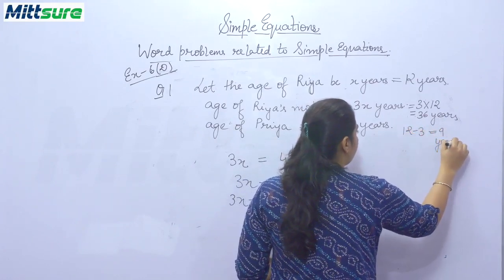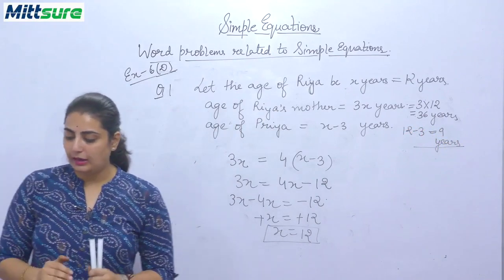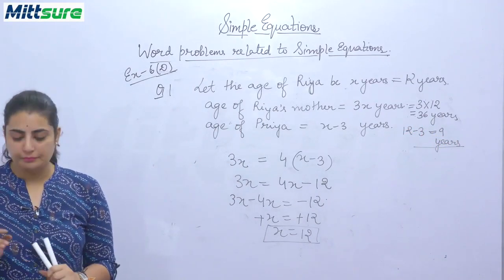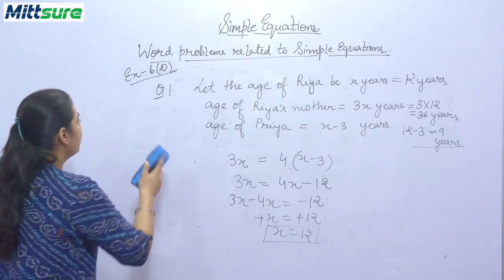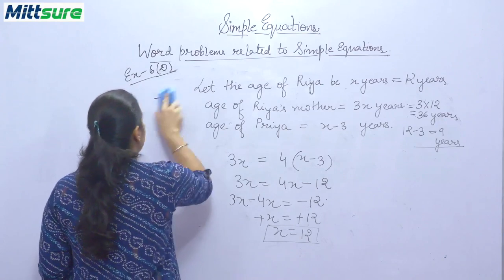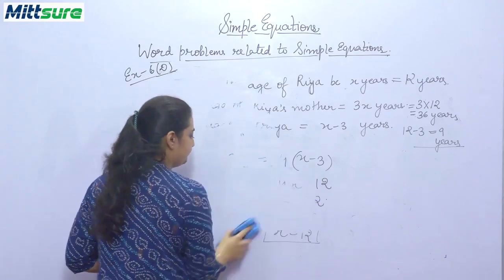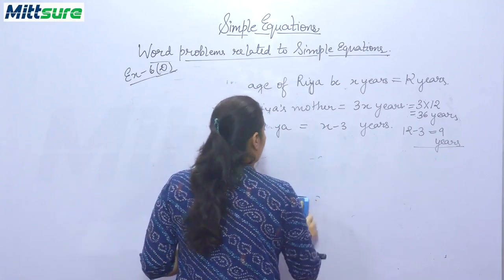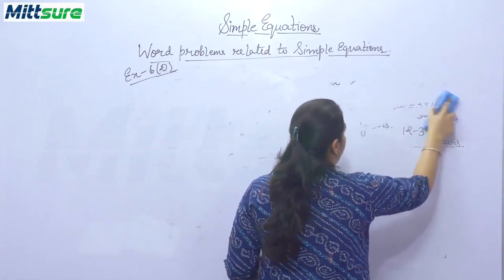So this is how we have calculated all the ages, that is age of Priya, Ria and their mother. Now let us come on to question number 12. This was question number 11 that we have done. Now we will talk about question number 12.